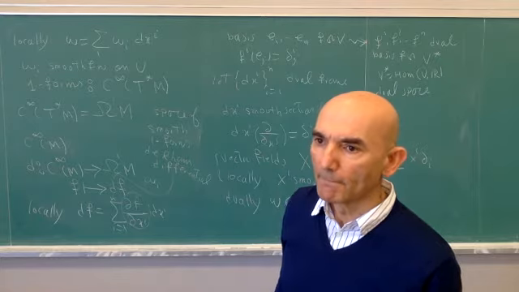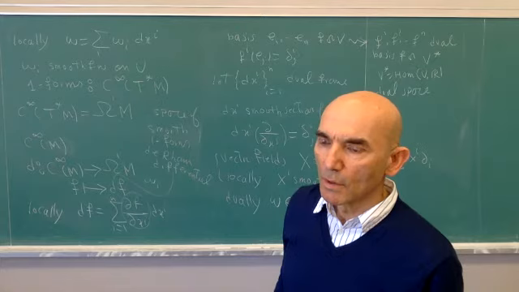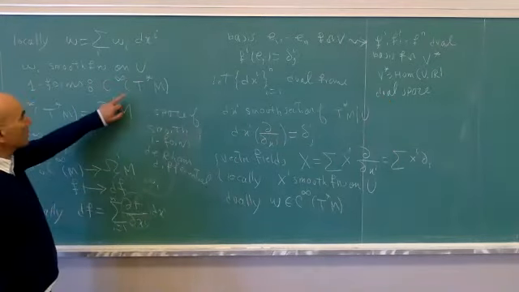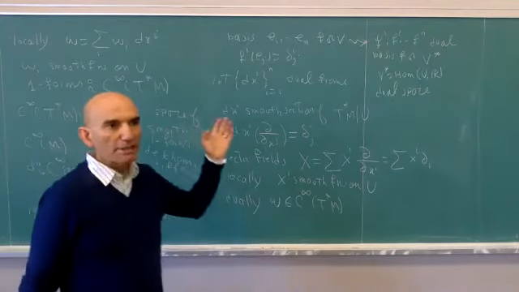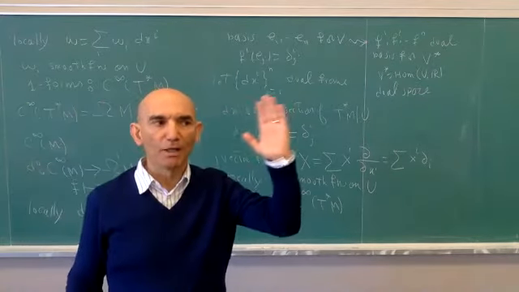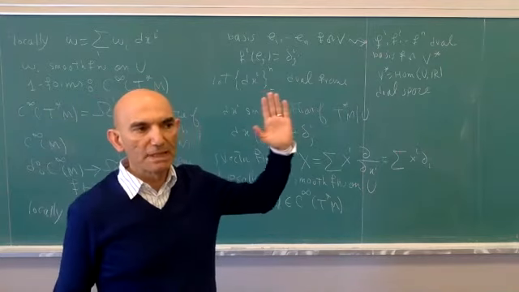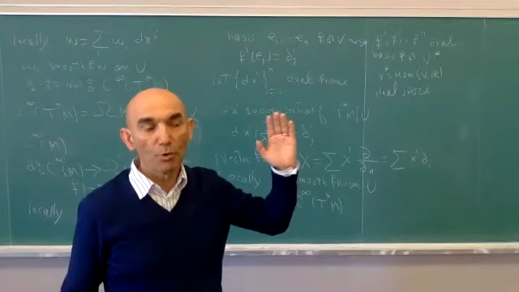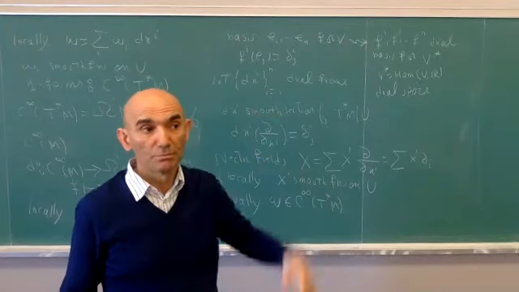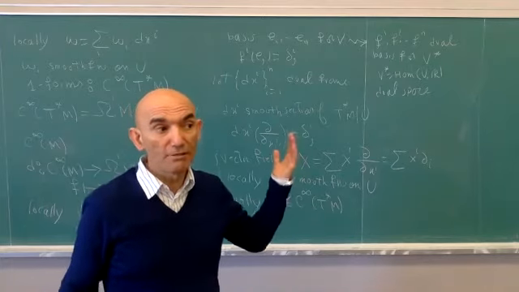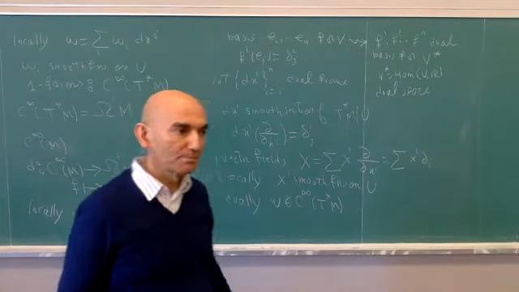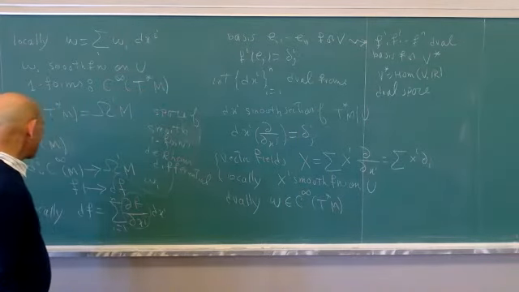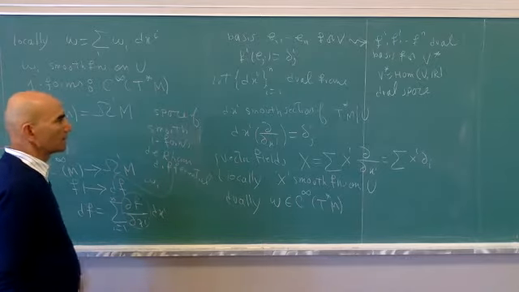Well, originally the frame itself is smooth, and this is also smooth because in that coordinate its component is just one. It's a constant function, so it's smooth on U. So yes, that's smooth.